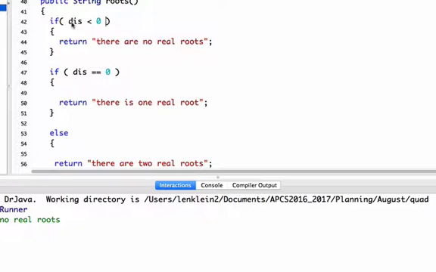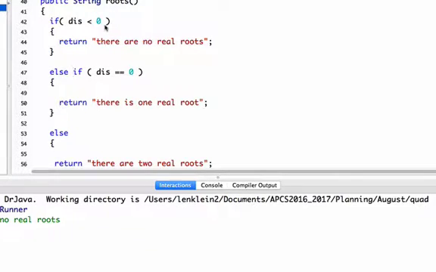This statement will be either true or false. Depending on what the values of those coefficients are, the discriminant will be less than 0, equal to 0, or greater than 0. So this will be either true or false. If it is true, I print this out. If this statement is false, I skip it completely and come to the next if. And this should be, if I had done this correctly, else if.